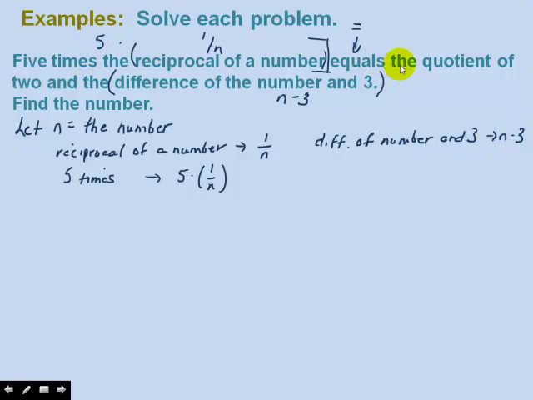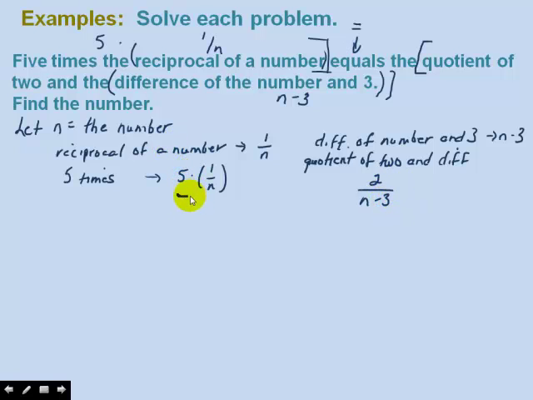So we're taking that, and then we have the quotient of 2 and that difference. This is where it gets a little bit tricky, figuring out what order to do all these in. Well, we've already got the expression for the difference. So this would translate into 2 divided by n minus 3.